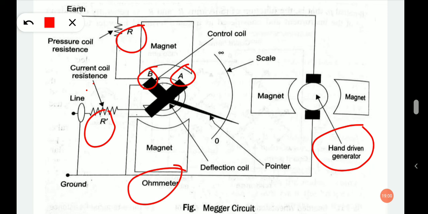So in this video we have seen the high resistance measurement by using guard circuit or guarded Wheatstone bridge circuit and guarded Wheatstone bridge with 3 terminal resistors, as well as we have seen resistance measurement with the help of Megger.